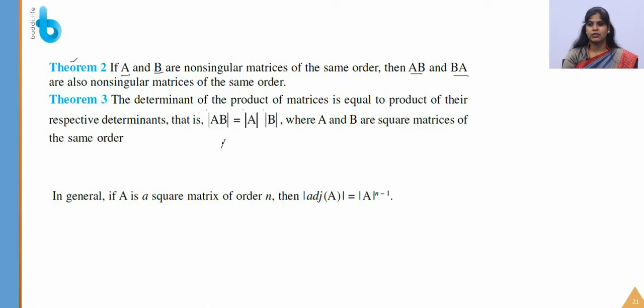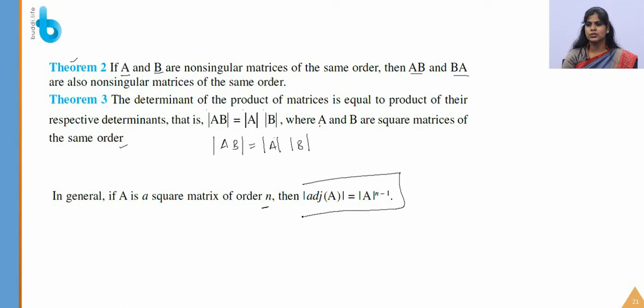If you find the product and take the determinant of that product, that will be equal to the product of the determinants which were found separately, where A and B are square matrices of the same order.